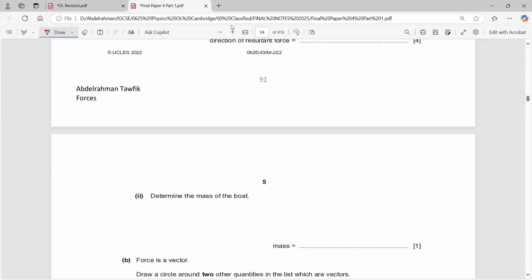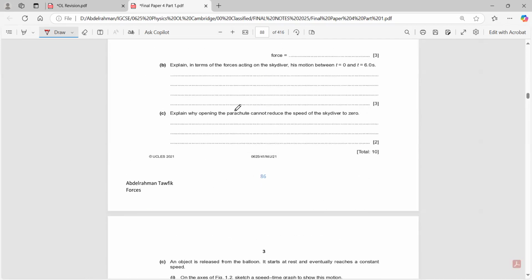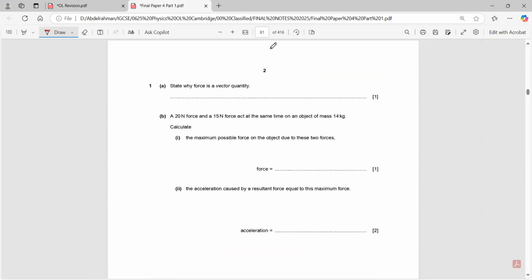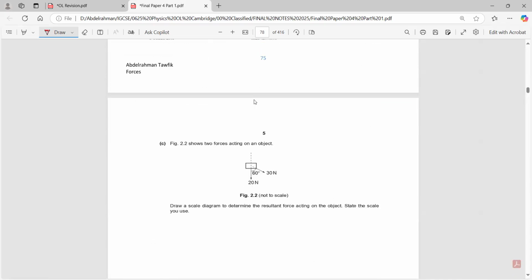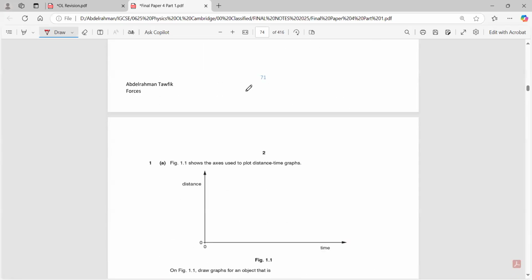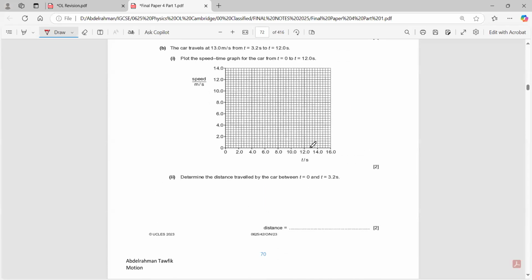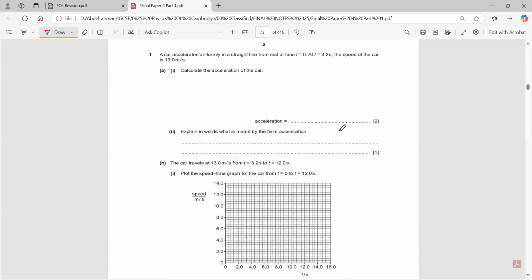Okay, let's start from, no, not forces, motion. Let's start with motion. Motion page 70. Let's start with page 70.